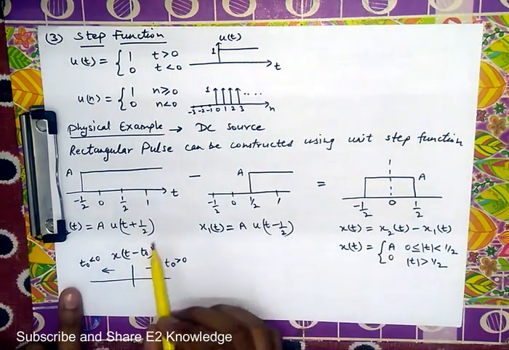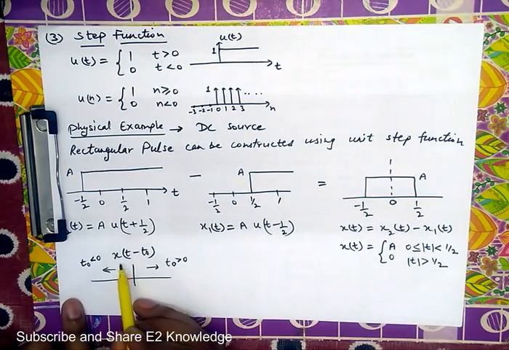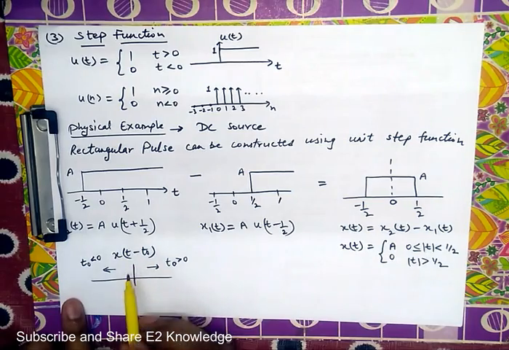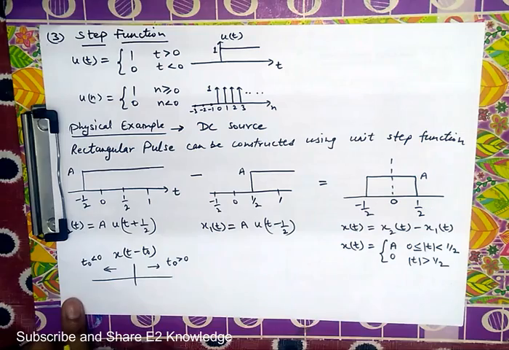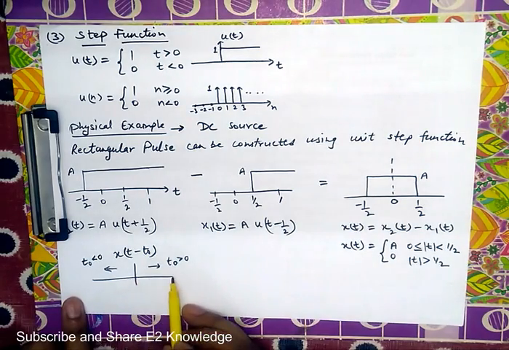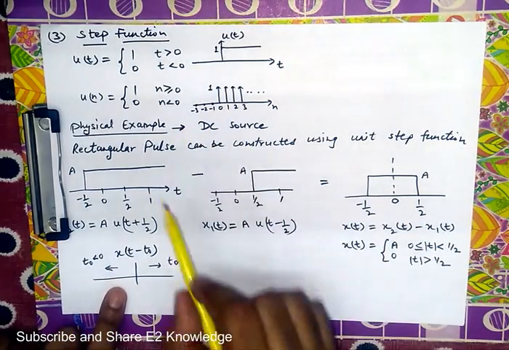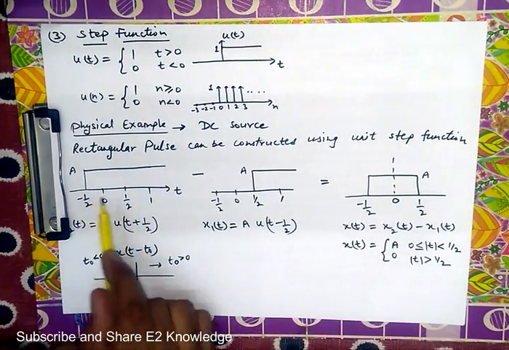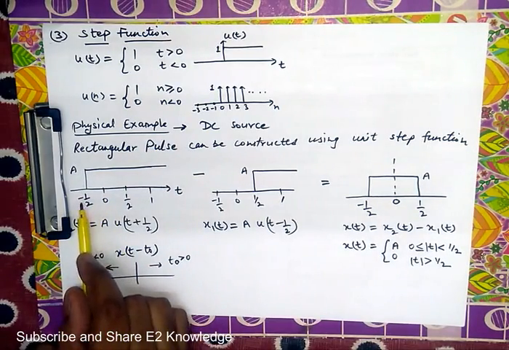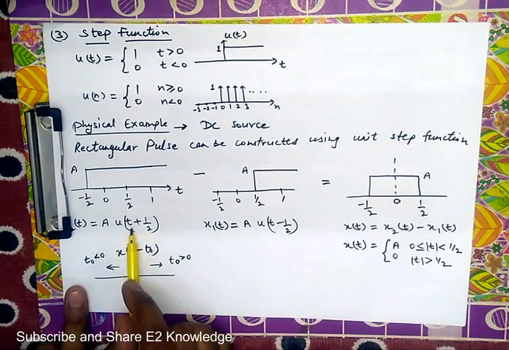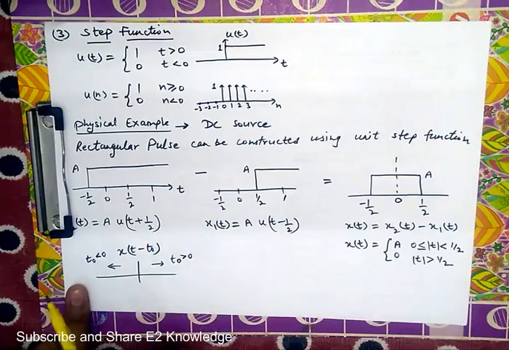How? You know the time shifting property from the previous video, that x(t minus t naught) is any time shifted function. When t naught is negative, it is shifted towards negative, and when t naught is positive, it is shifted towards positive. So suppose the simple u(t) function is shifted towards left and right. First it is shifted towards left by 1 by 2, so the equation becomes u(t minus minus 1 by 2), that is u(t plus 1 by 2).